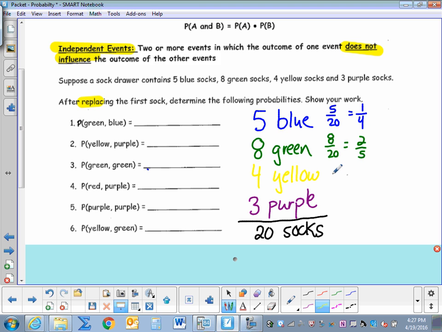The probability of pulling a yellow sock is 4 to 20, which is 1/5. And the probability of pulling a purple sock is 3 out of 20. So now that we've calculated these probabilities, we can easily calculate the compound probability.